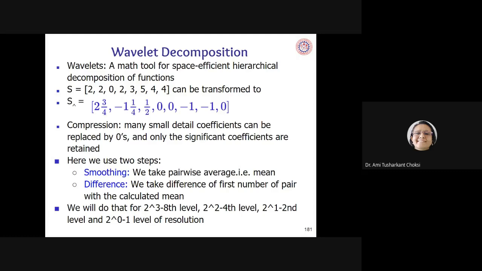There is nothing like good values, but if a value is nearly equal to 0, replace it by 0, otherwise retain the other coefficients, right? Okay. Otherwise, you might ask, ma'am, is 0.1 near to 0? Should we consider that or should we not consider that?